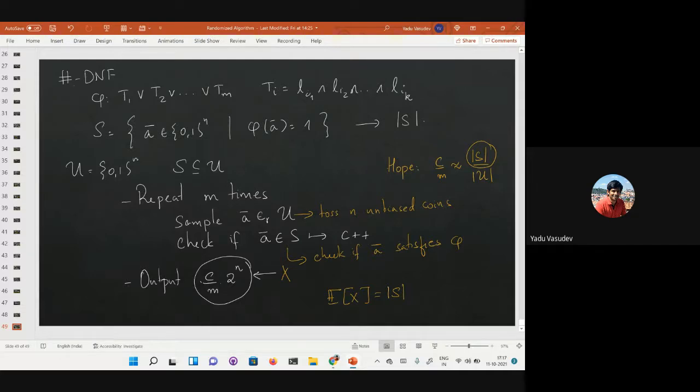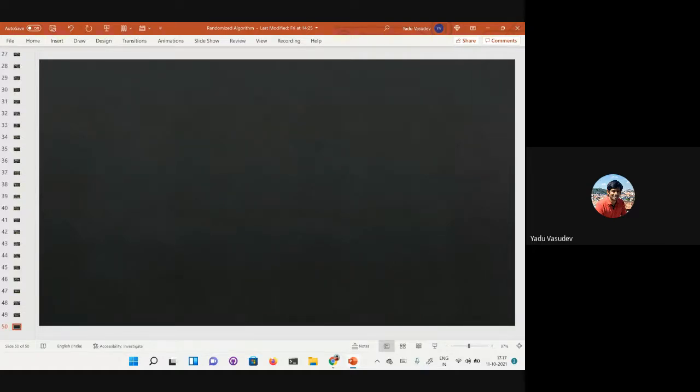So let's just write that. Yes, cardinality. Yes, Sarthak, correct. So you can think of it as follows. In terms of the way in which we wrote that Monte Carlo method, you have random variables x1, x2 up till xm, where xi is a Bernoulli random variable that is 1 if the ith assignment sampled satisfies phi, and 0 otherwise.